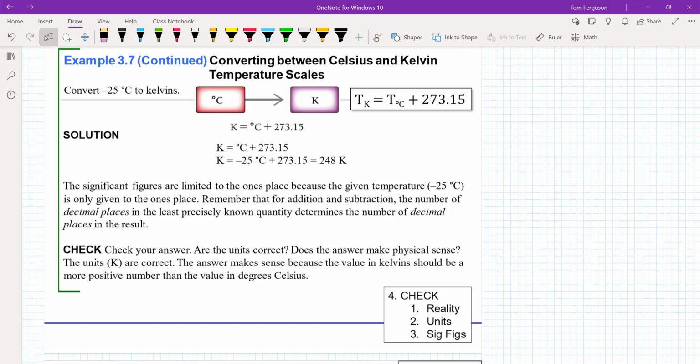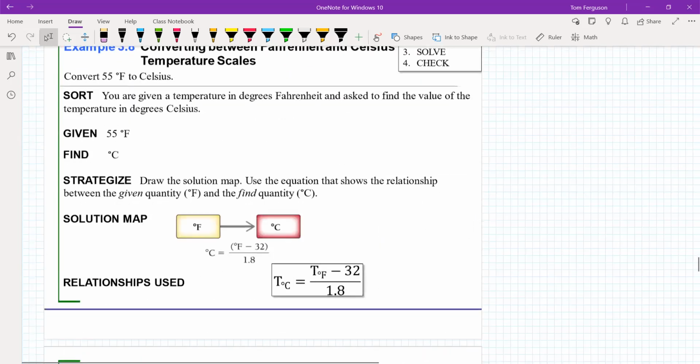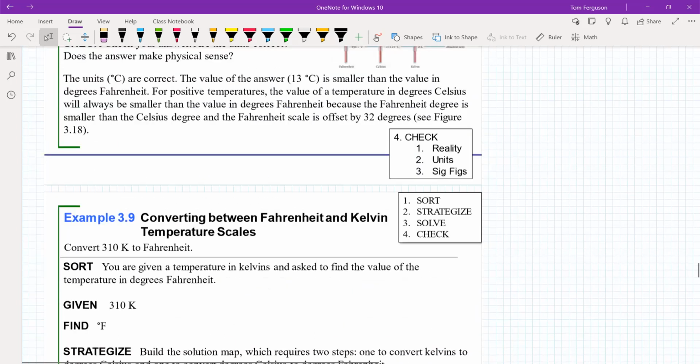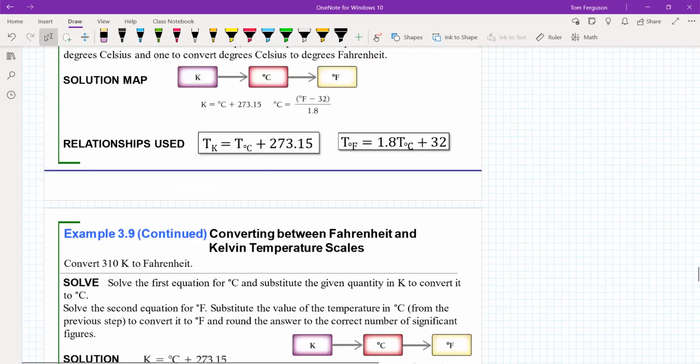The only time we use it is in a conversion problem. You'll use C all the time. And K, when you get into 1A, you'll use K. Okay, all right, so these are just examples of converting.